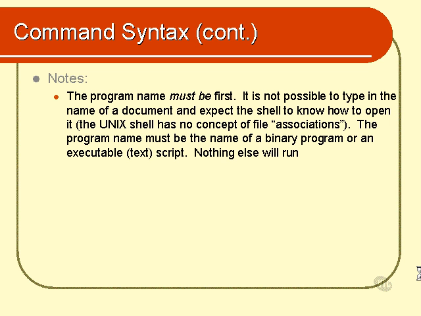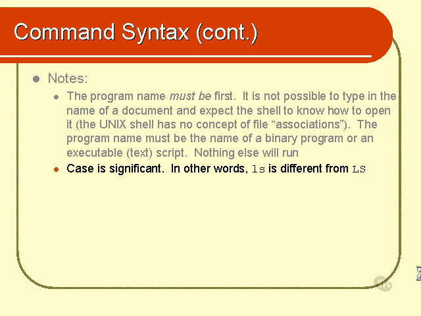Unix does not. If you don't know what that means, don't worry. So it's very particular about the name of the thing that you can type in first. The thing that you type must be the name of a binary program or an executable text script. Nothing else will run. Well, actually, that's not quite true. There is one other thing that will run, and that is an internal shell built-in command, but we won't worry about those just for the moment. So basically the name of a program.